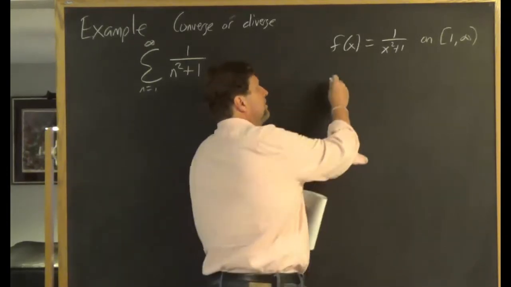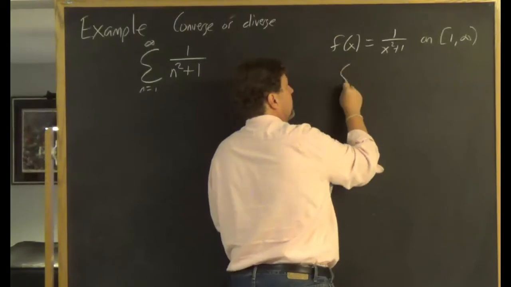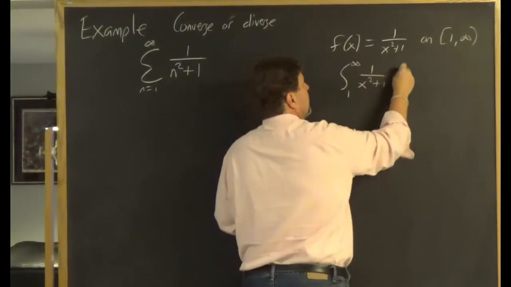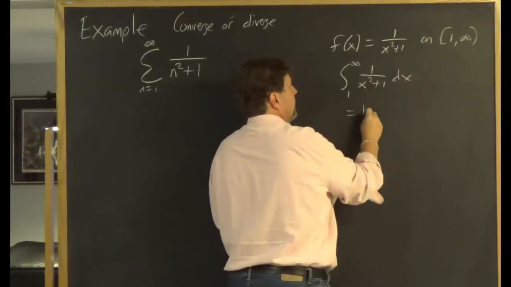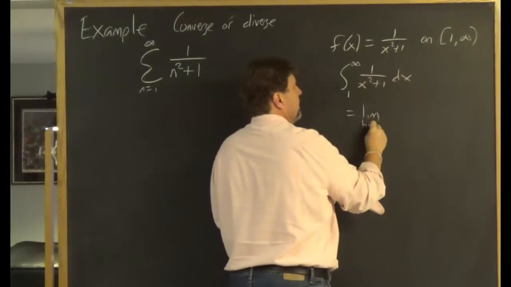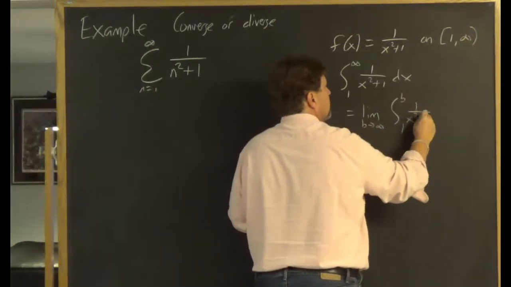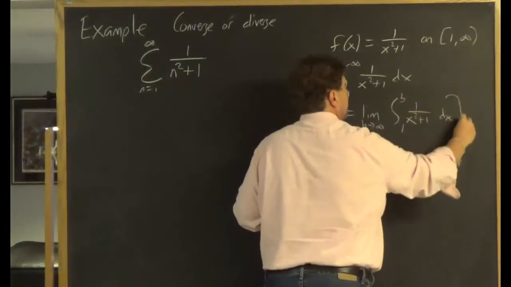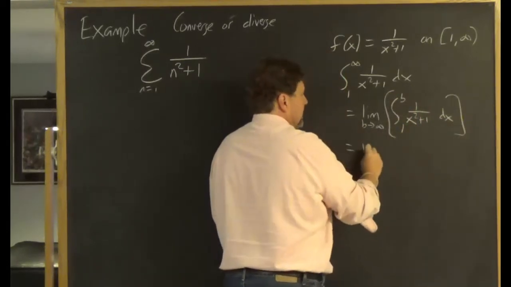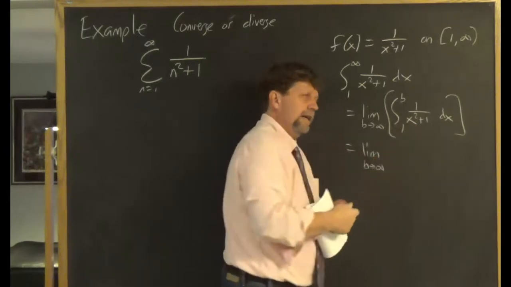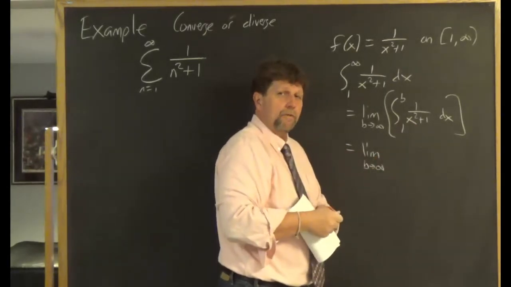So continuing, we're going to integrate 1 to infinity, 1 over x squared plus 1 dx, which you know to rewrite as the limit as b goes to infinity, the integral 1 to b, 1 over x squared plus 1 dx. And like I said, that integral, that's an easy integral. 1 over x squared plus 1.